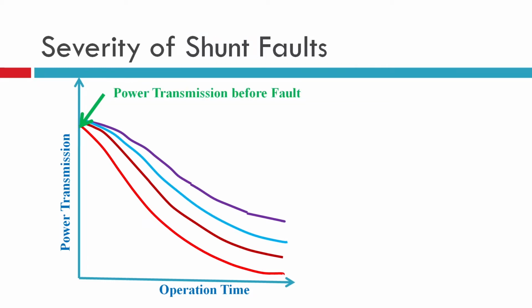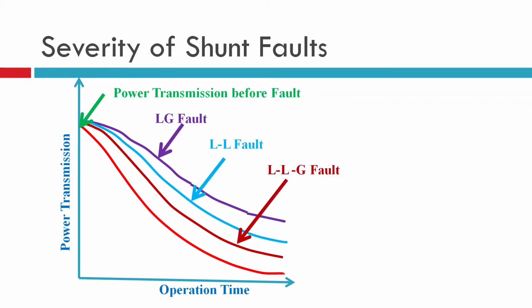This green arrow indicates the point where we can say the amount of power is transmitted before fault. Subsequently, the curves are showing line to ground fault, double line to ground fault, and three phase fault.